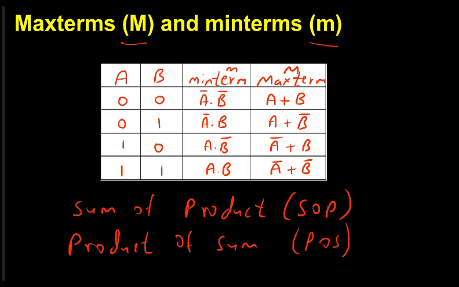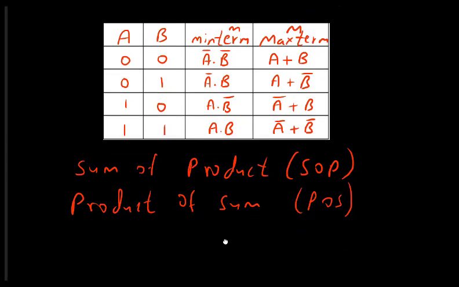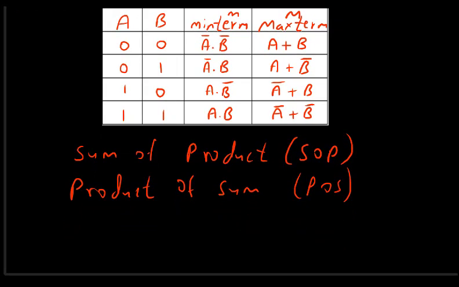Whenever we want to design a circuit using SOP form, we take the min terms for which output is 1.